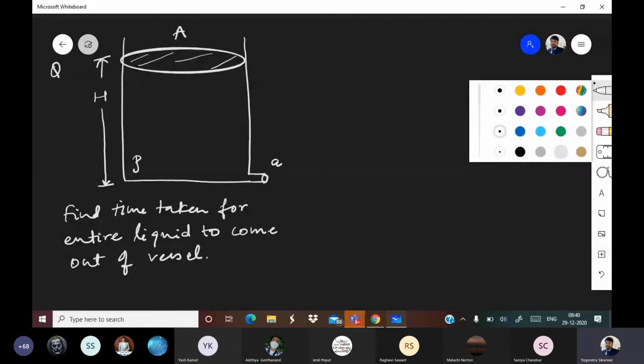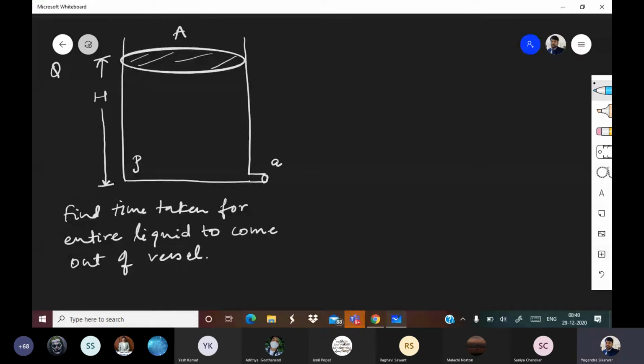So in the last class, if you remember, I told you that if the height of liquid is, let's say, small h, then the velocity of liquid coming out, V out, was under root of 2gh. Correct?